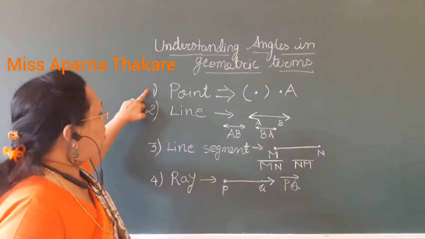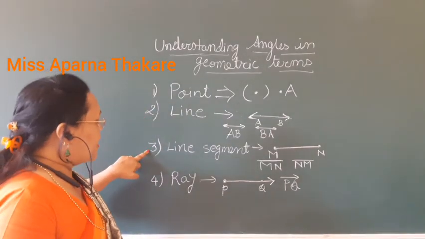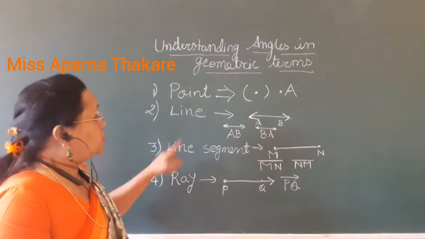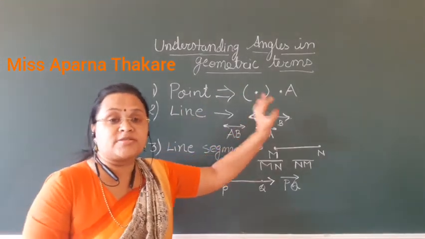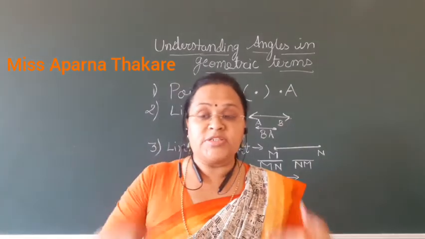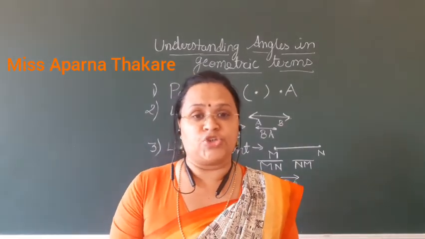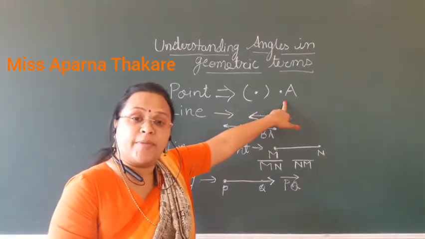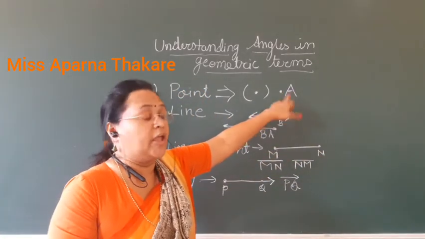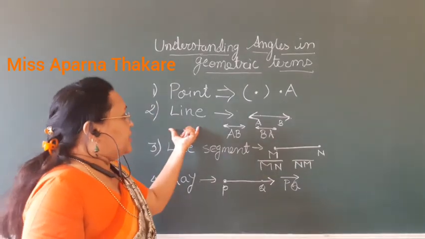The first are point, line, line segment and ray. The first is point. It gives the exact location where we are standing. I am standing here, it means this is the exact location. We can give it the name of a capital letter, that is point A. Second is line.